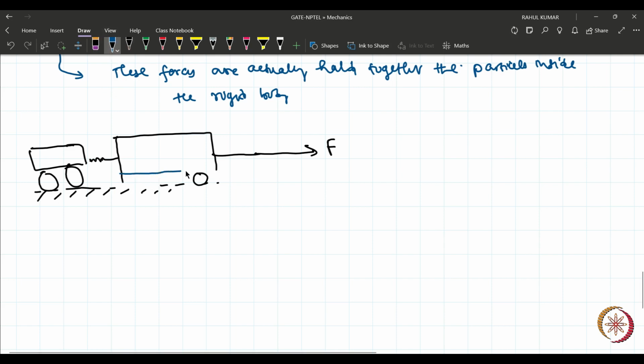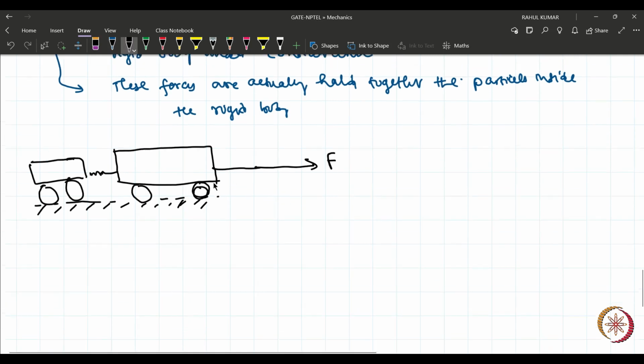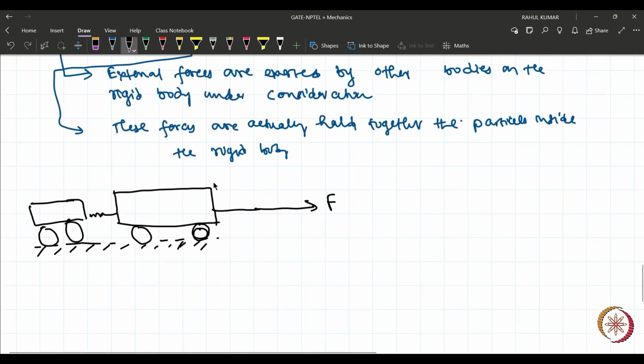Can you tell me which forces will be external and which will be internal? F is the external force. The tension on the two bodies is an internal force.